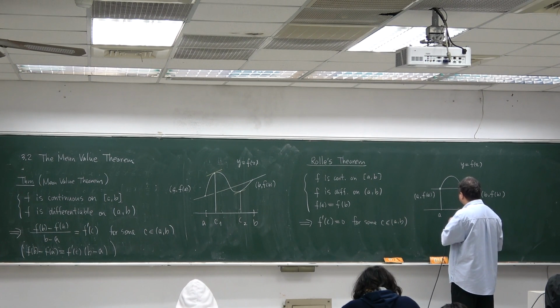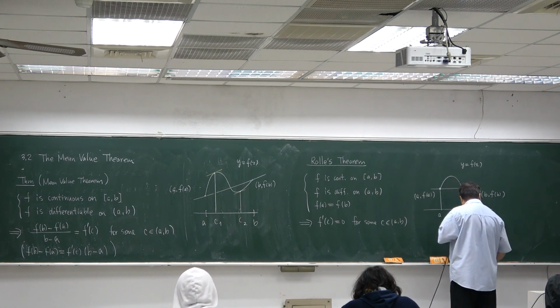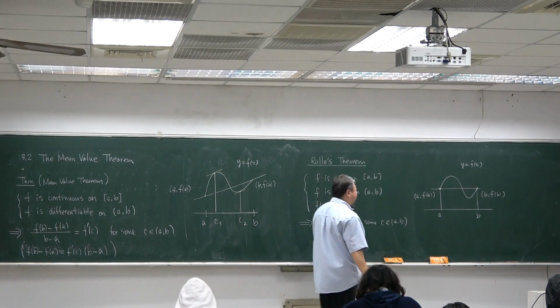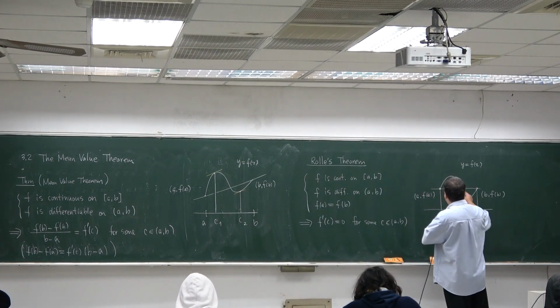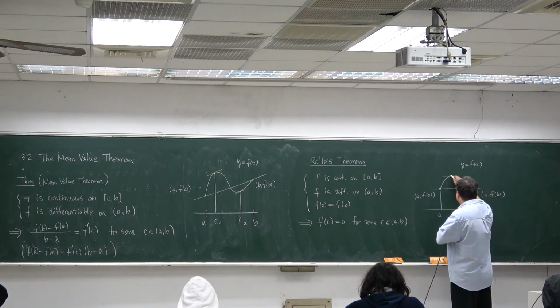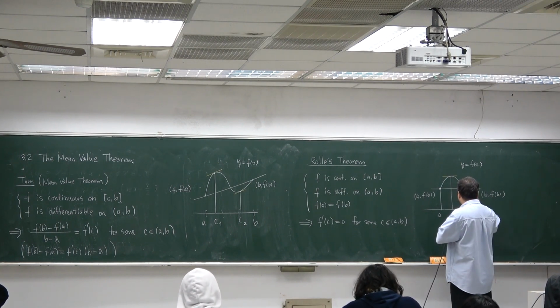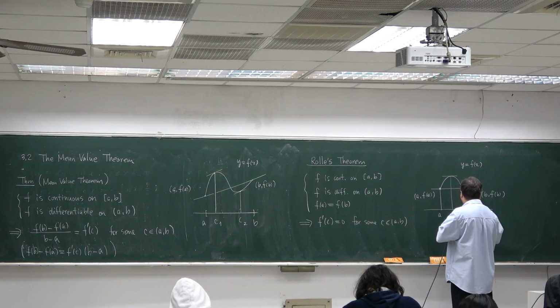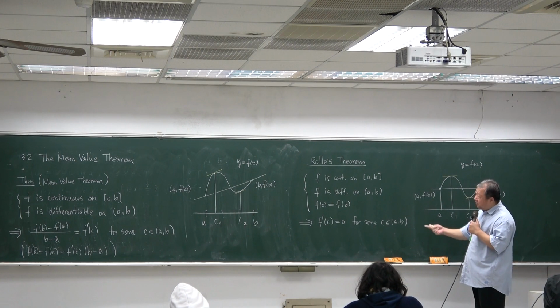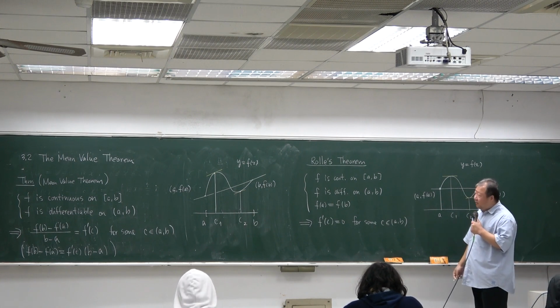Then there must be somewhere whose tangent is horizontal. Maybe more than one position. Okay, so Rolle's theorem is a special case of the mean value theorem.